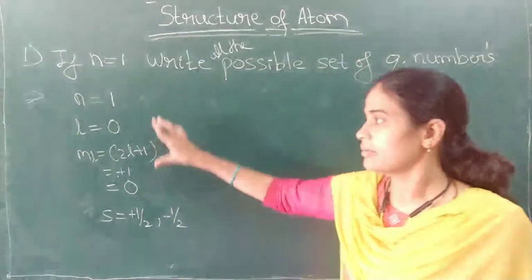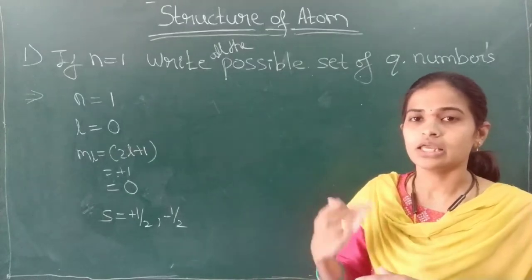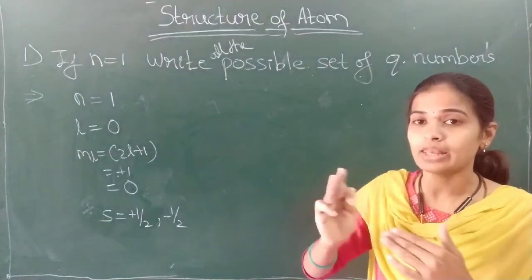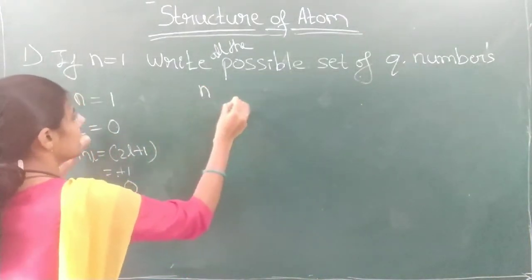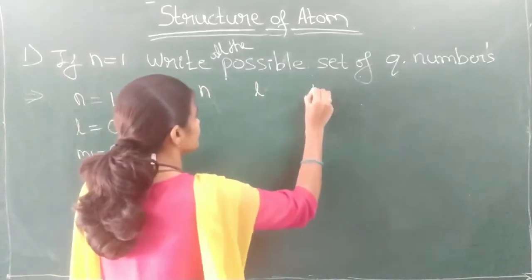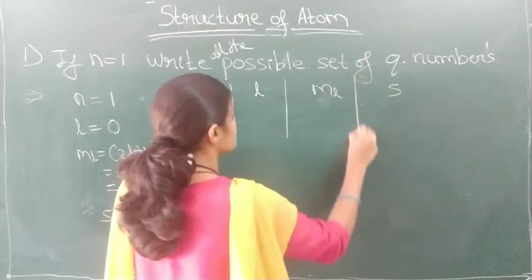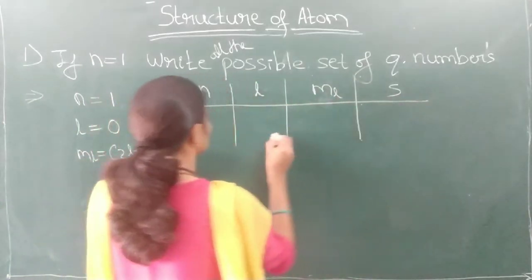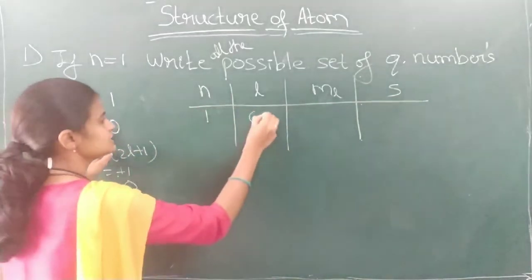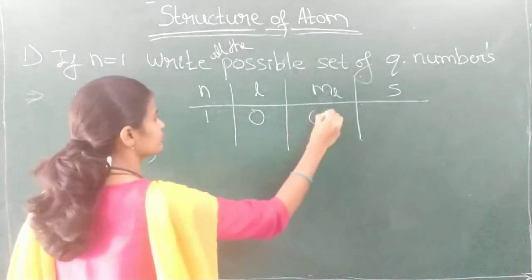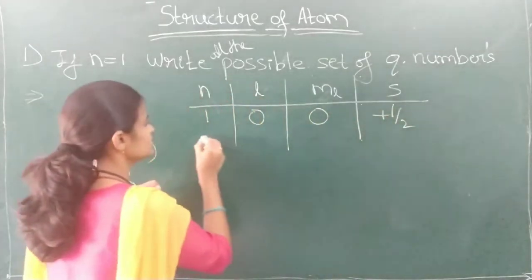Now, by combining all this, we have to make the set of values in which no two sets are repeated. One set I will write here: n, l, ml and s. See, n is 1, l is 0, ml is 0, and s may be plus half in one case.